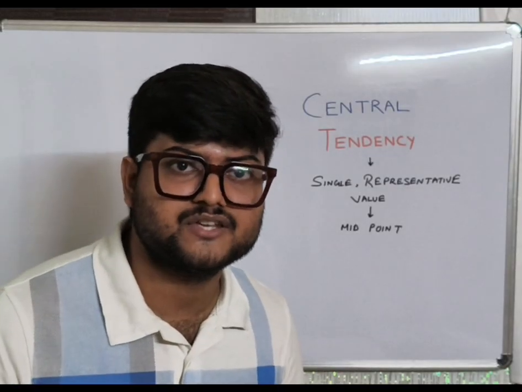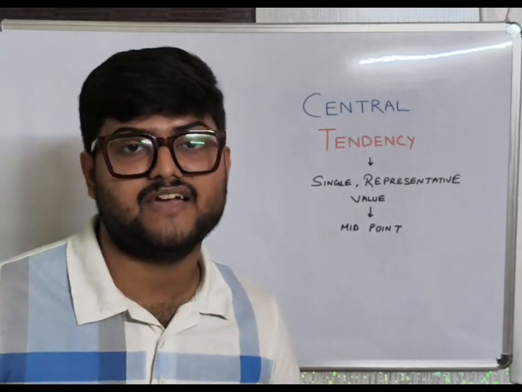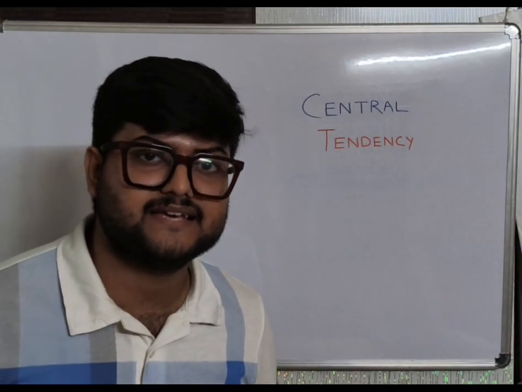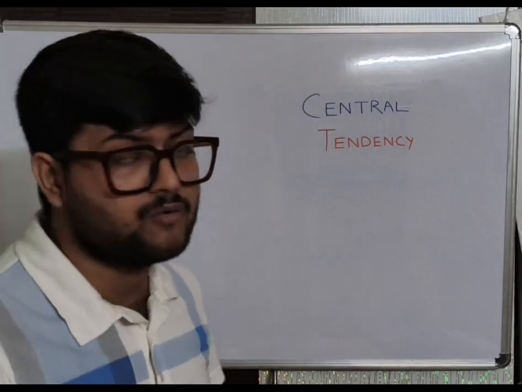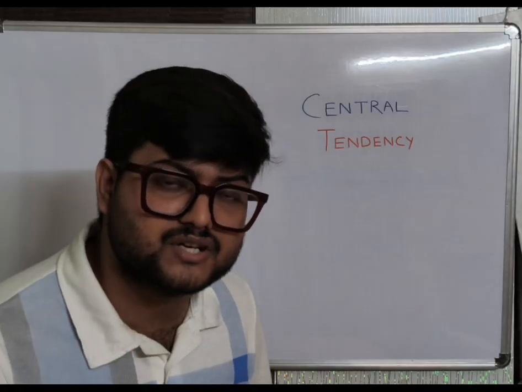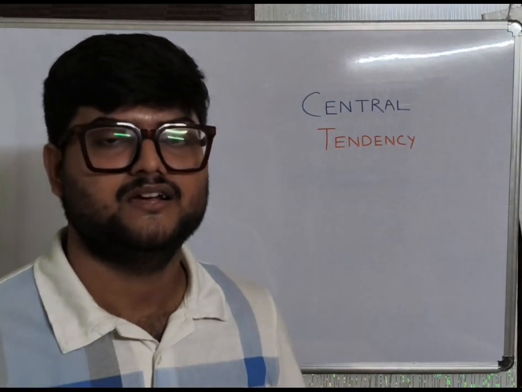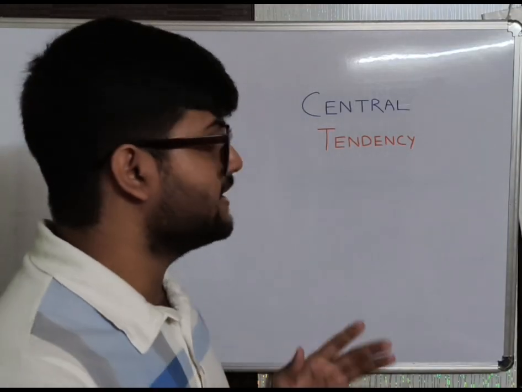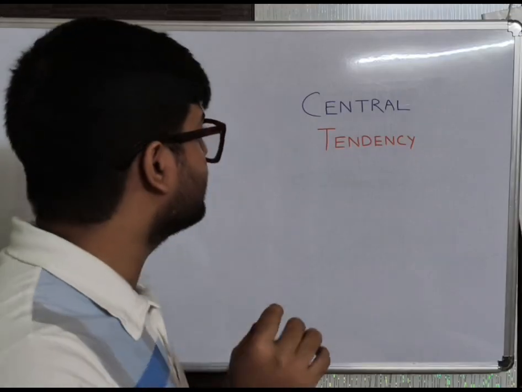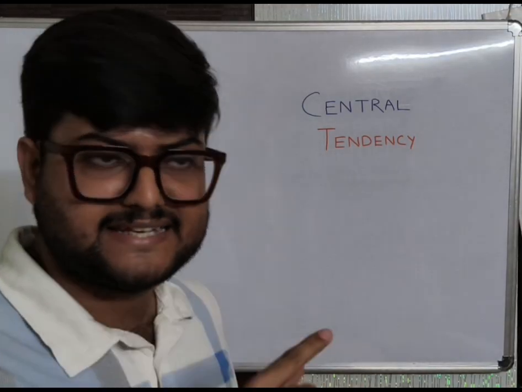Also, it helps us to detect the extreme outliers, that is the extreme values in a data set. Central tendency summarizes the entire data set, and from that we will be able to understand the underlying structure and the features of that data set, and from that value we understand the appropriate analytical approach that is required to understand and make predictions about that data set.